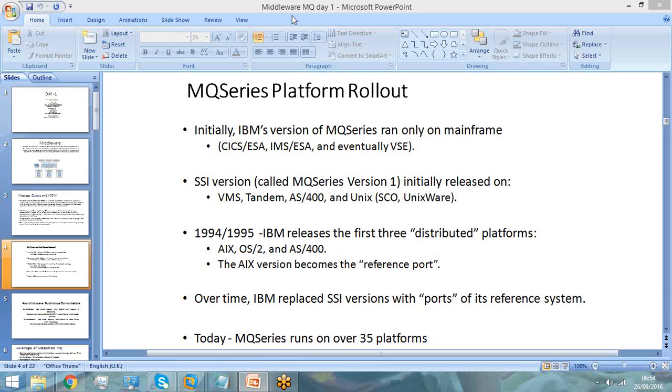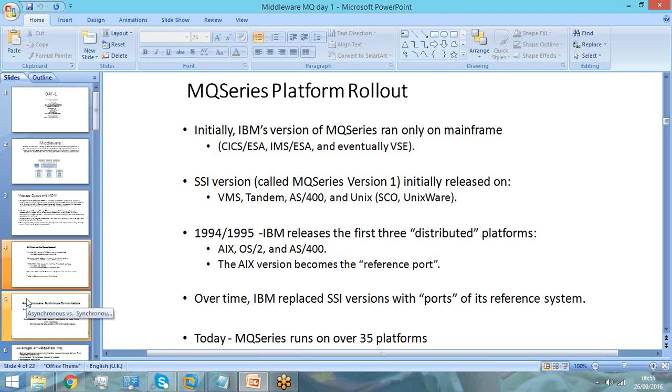AS400 and mainframes are a different category altogether, because those are a different kind of operating system. I'm not sure if you are aware of AS400 and mainframe, but in our classes we would be seeing the widely used Linux, AIX and Windows.